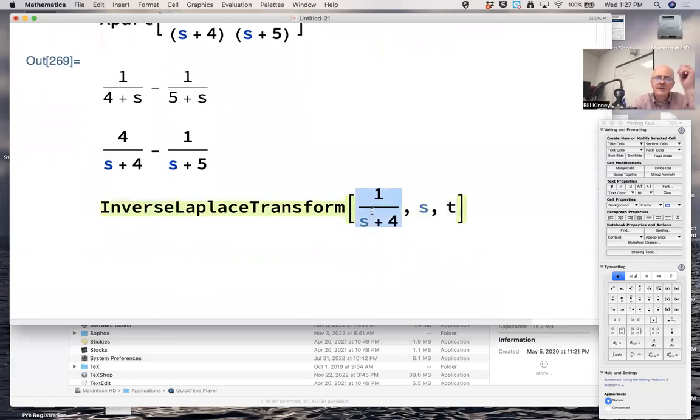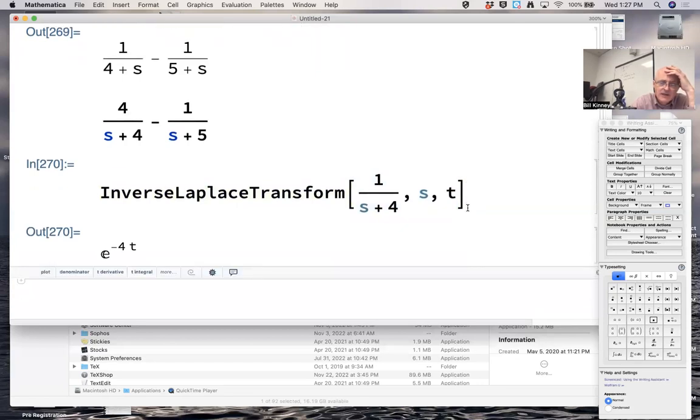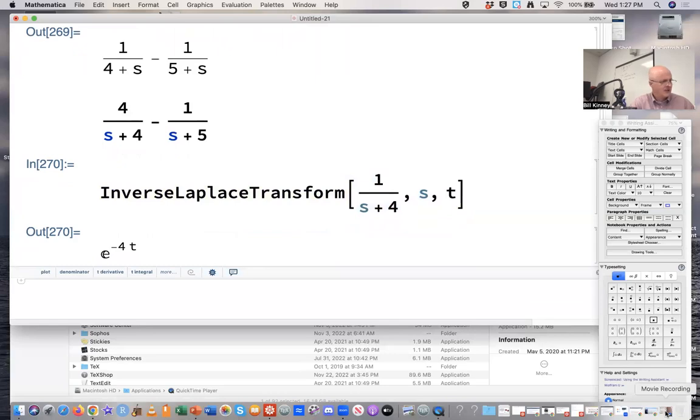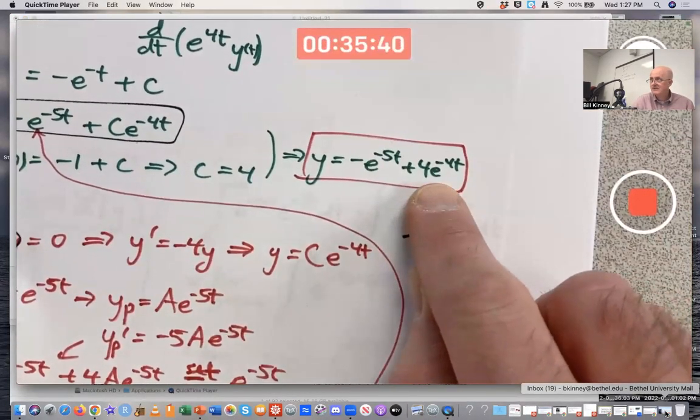We want to take the inverse Laplace transform of 1 over S plus 4, emphasizing that for that expression, S is the variable, and we want our answer to be a function of t, is what this syntax does. E to the -4t. With the 4 there, we have a 4e to the -4t, which, lo and behold, is part of the answer.